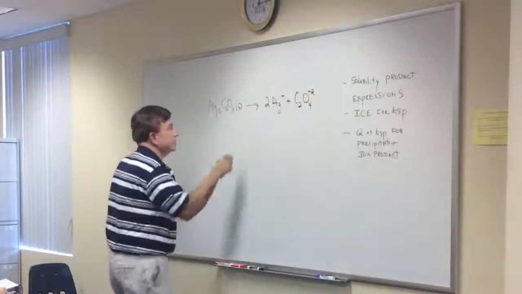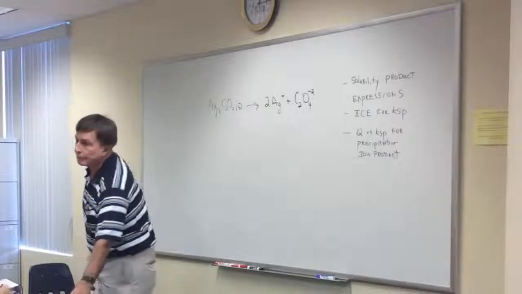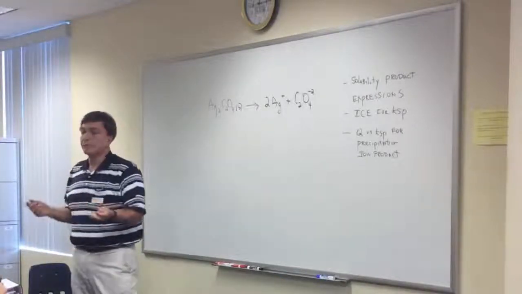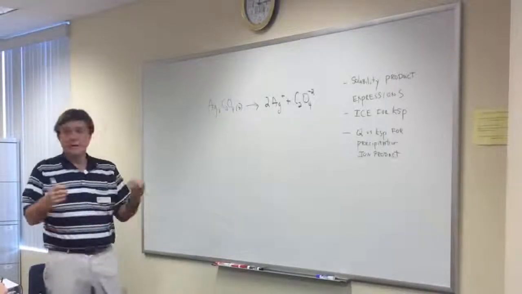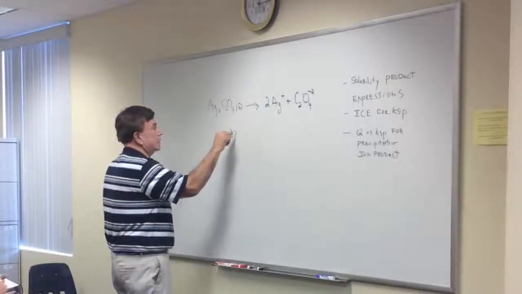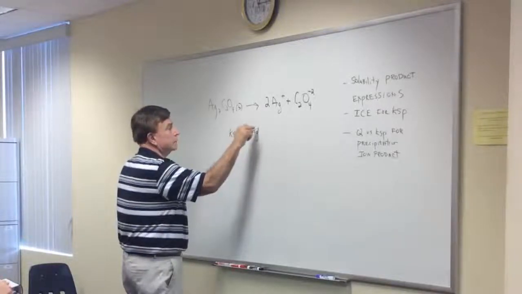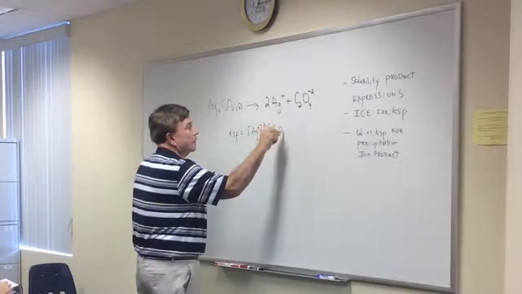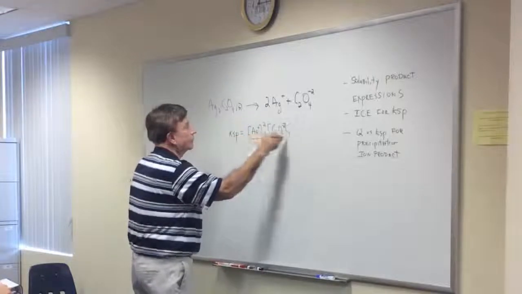Now the obvious is Ksp is another fancy way of saying at equilibrium for a solid. Ka, Kb is at equilibrium for acids, weak acids. K equilibrium is for gases, so it's all the same concept, which is Ksp is equal to products over reactants.